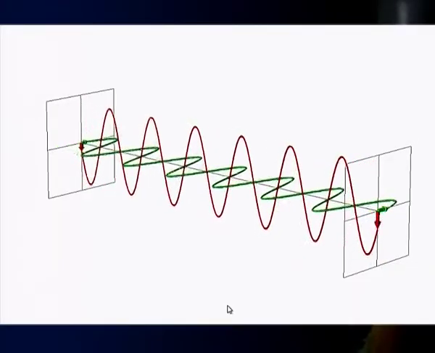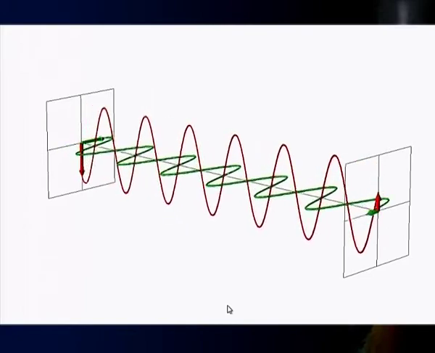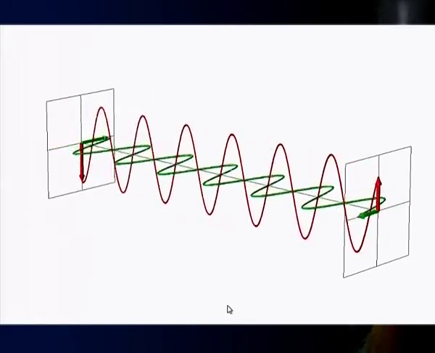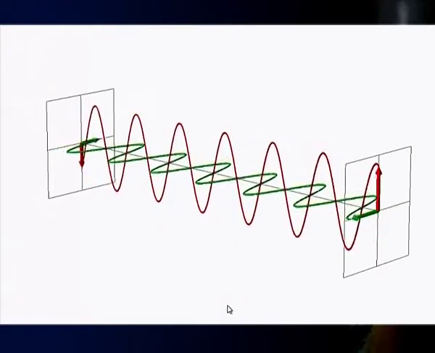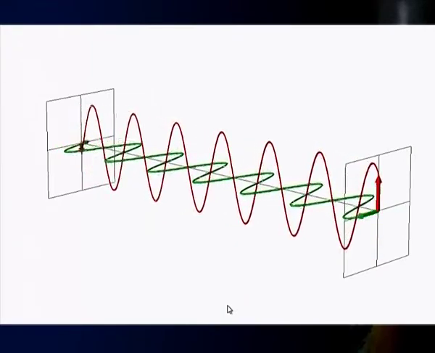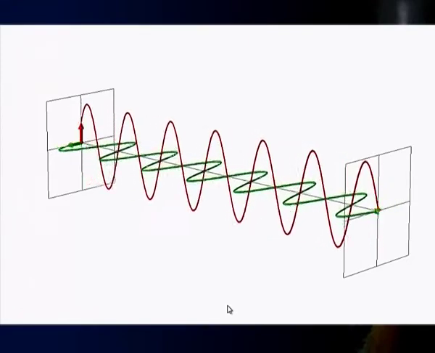Let us have a look at a small animation here. This is the way you can visualize it. You can see a wave coming towards you, wherein the red wave depicts the electrical component, and the green one depicts the magnetic part of it.